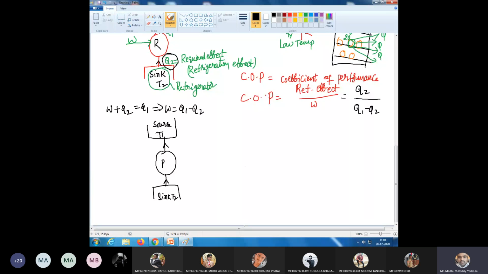Right, now here, how will the heat pump work, we will see.